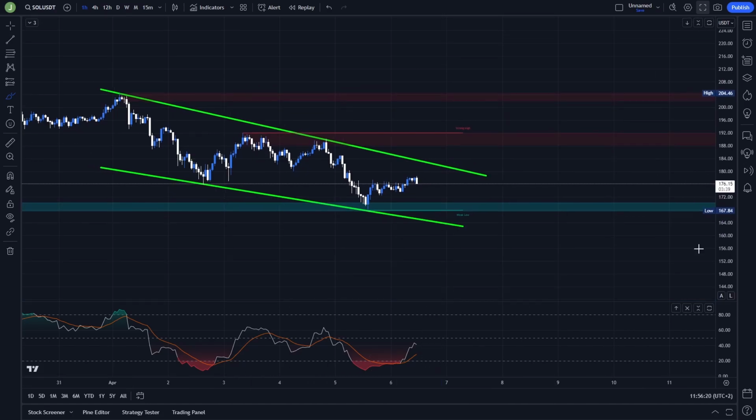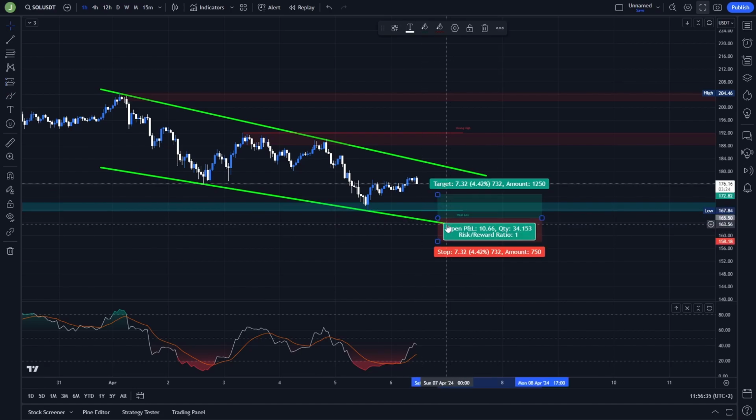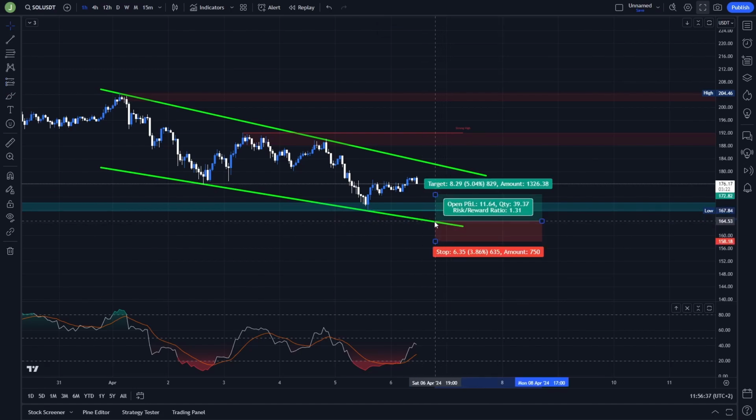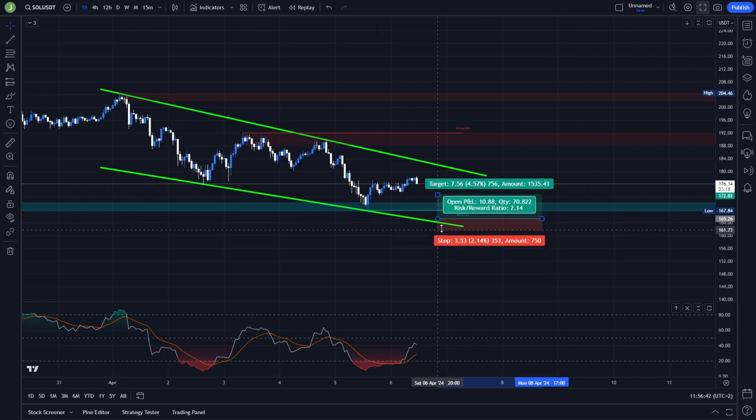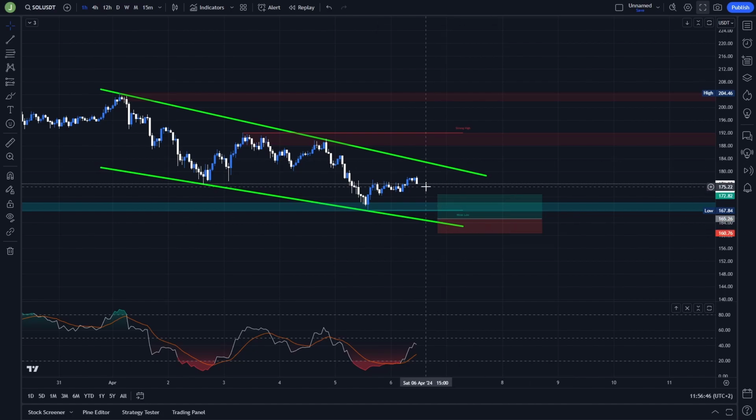Probably even better is to wait for that bounce and open the long position slightly higher. So for example, if the market does something like this, and the testing will be in this area, then you set the entry slightly above, so you are not speculating by opening it right now. I hope it's understandable. And the stop loss you will place either under this support or under the low that we will create during the fake out. And the last, take profit targets, well, we will talk about it later.